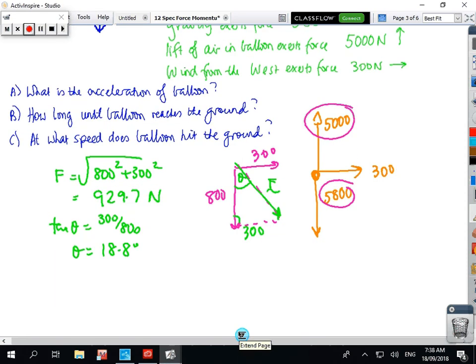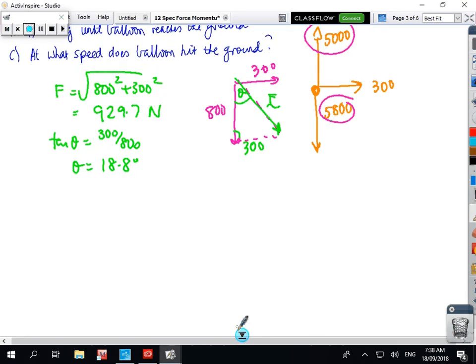Okay, keep going. So now we've got force equals mass times acceleration. And we're trying to find the acceleration, so acceleration equals the force divided by the mass. So this is part A. So the force is 929.7. The mass, hang on a sec.